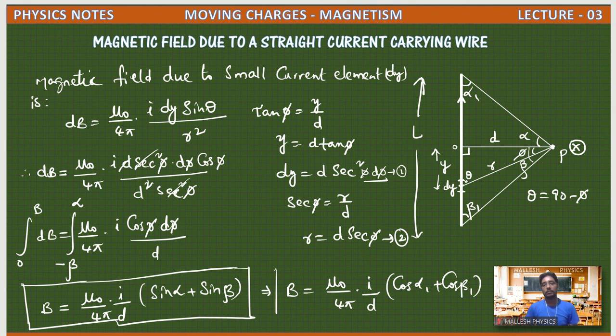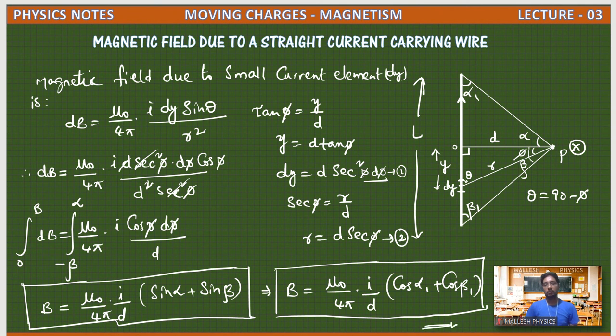Why? Because in this right angle triangle, beta plus beta 1 is 90, so beta 1 is equal to 90 minus beta, and sin 90 minus beta is cos beta. So this is a very important equation which we can use in many applications. Okay, thank you.